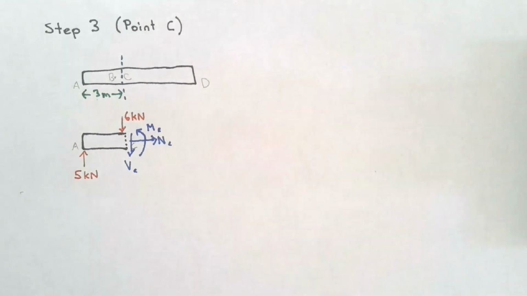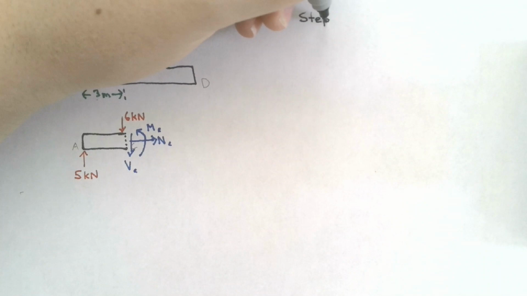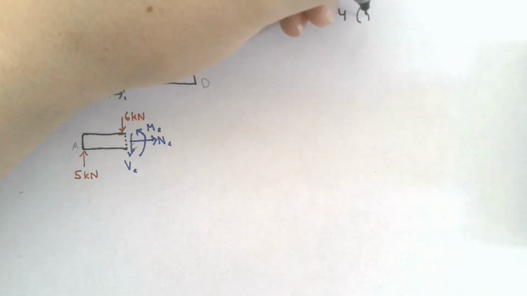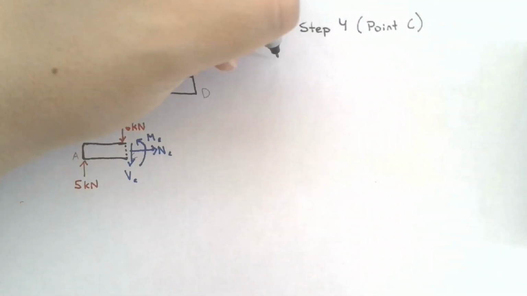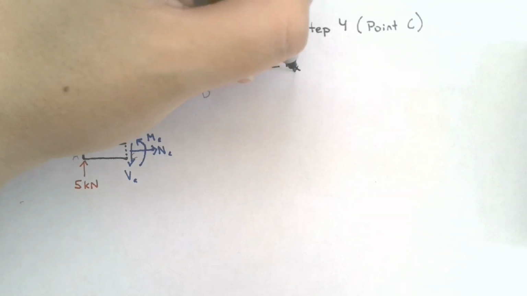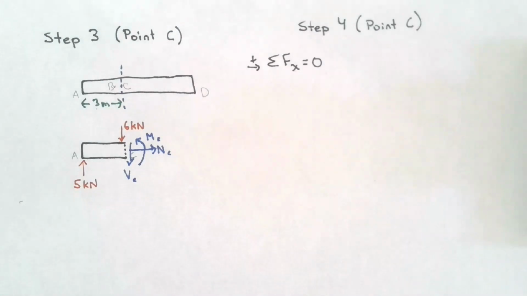Now the final step in this problem is a repeat of what we did for point B, which is to apply the equations of equilibrium in order to solve for those internal forces. Again, starting with the sum of forces in the x direction, we get that the normal force at point C equals 0.